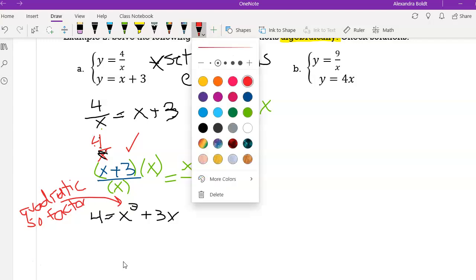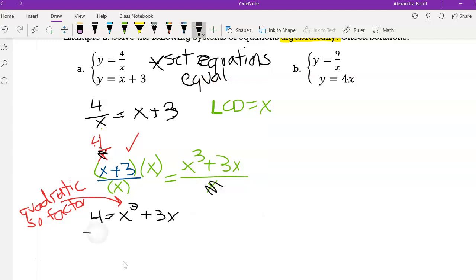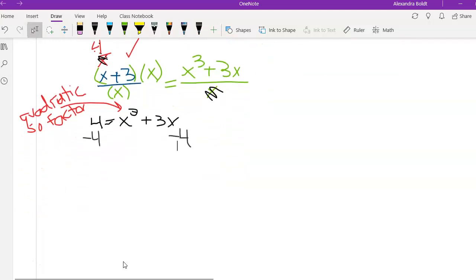What I'm going to do is subtract 4 from both sides so that I have it equal to 0. So I get 0 equals x squared minus 4.